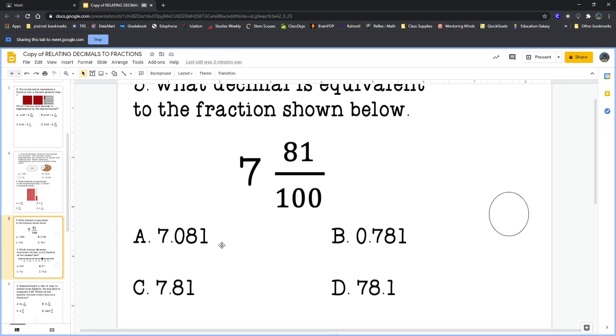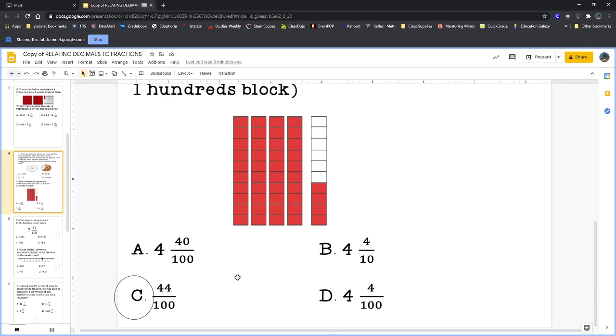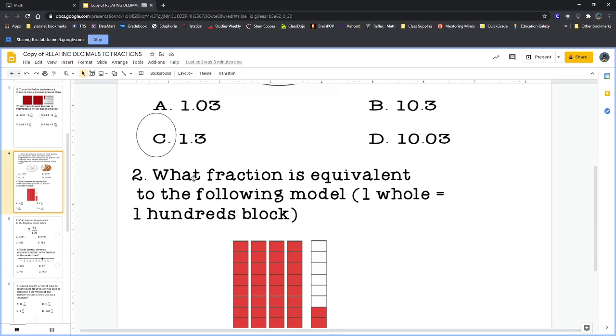I just have a question. Sure. Can you please go to answer slide 4 and go down? Why isn't there 100? Cause there's like 50 and there's like 10 lines. So they tell us here in part of the question, what fraction is equivalent to the following model?